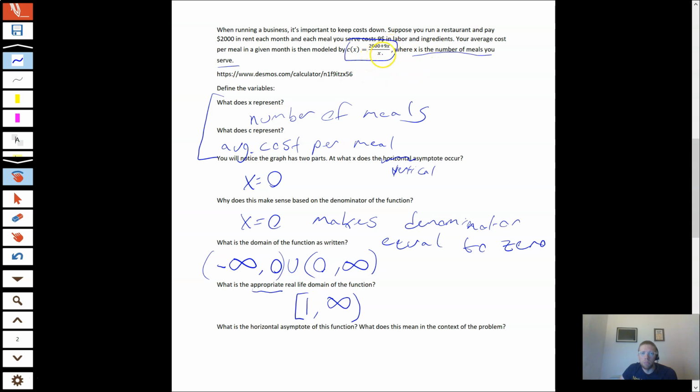And if you need to look those up while you're doing the quiz or to answer this, that's okay. But in this case, notice the degree of the numerator equals the degree of the denominator. Okay? So we have an x as our biggest exponent and an x as our biggest exponent.